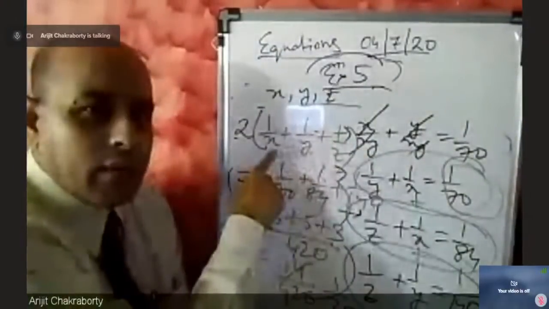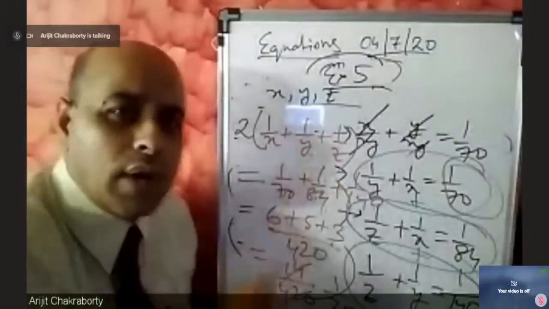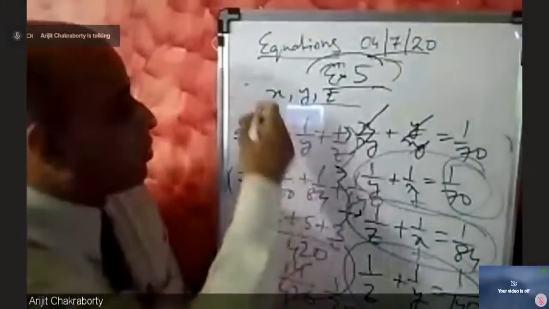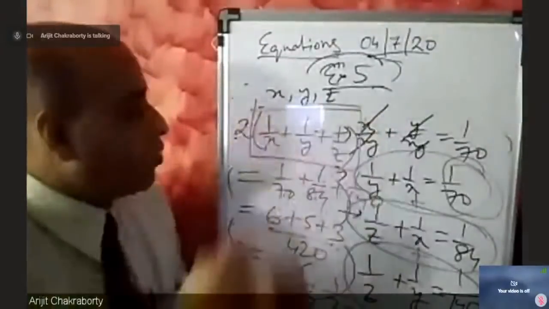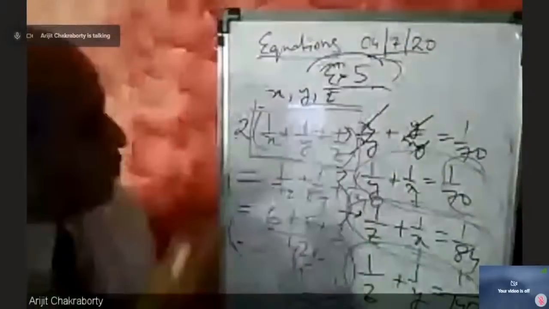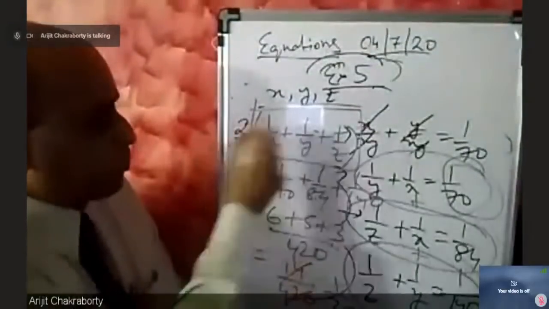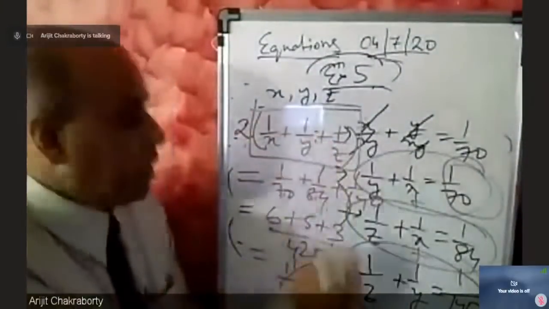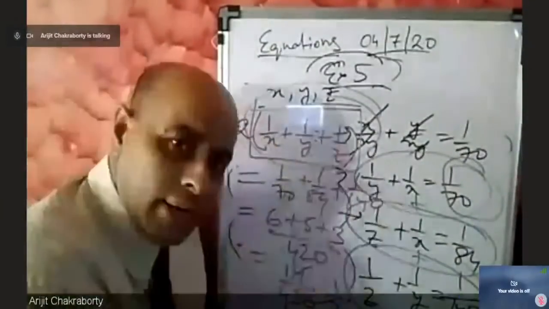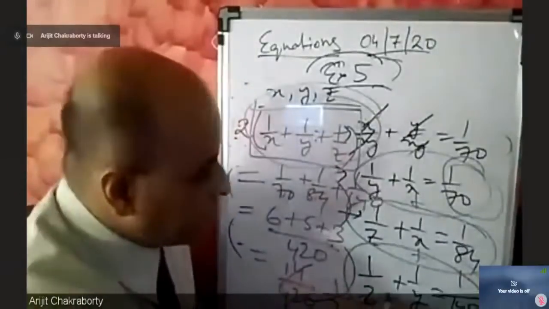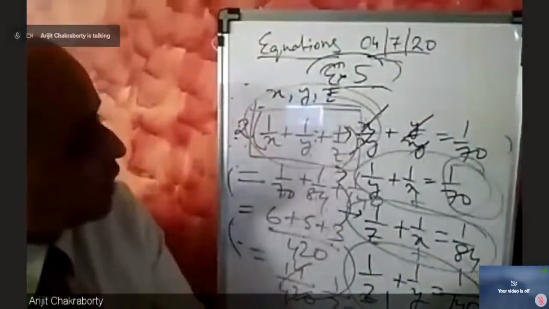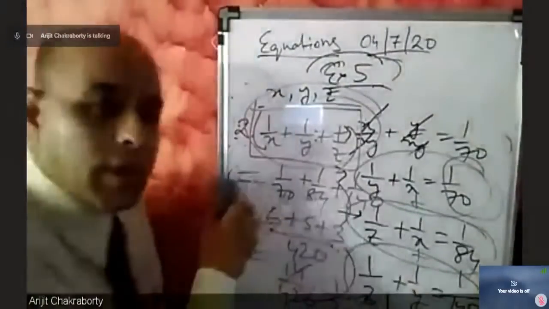2 multiplied by 1 by x plus 1 by y plus 1 by z gives you 1 by 30. So only this part, 1 by x plus 1 by y plus 1 by z, is equal to how much? 2 will come to the denominator this side, so it will become 1 by 60. I hope you have understood this step.